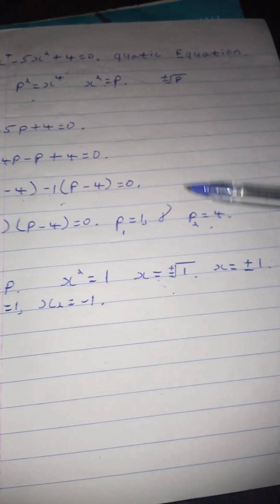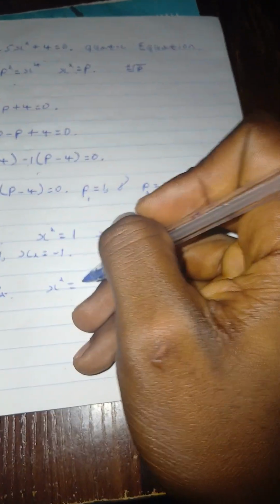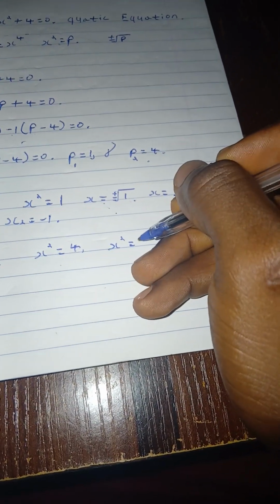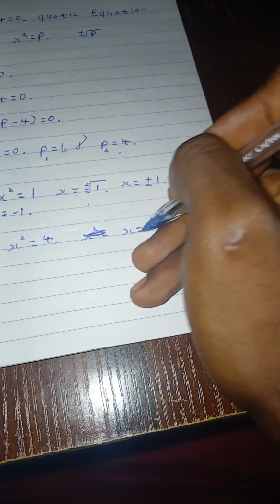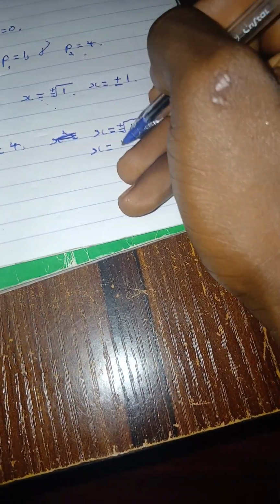Now you go ahead and consider the second value of p, which is 4, using the same thing. Remember also, x squared is equal to p. This is p1; we want to consider p2. So we have that x squared is equal to p2, which is 4. Take the square root of both sides: x is equal to the square root of 4, and x is equal to plus or minus 2.